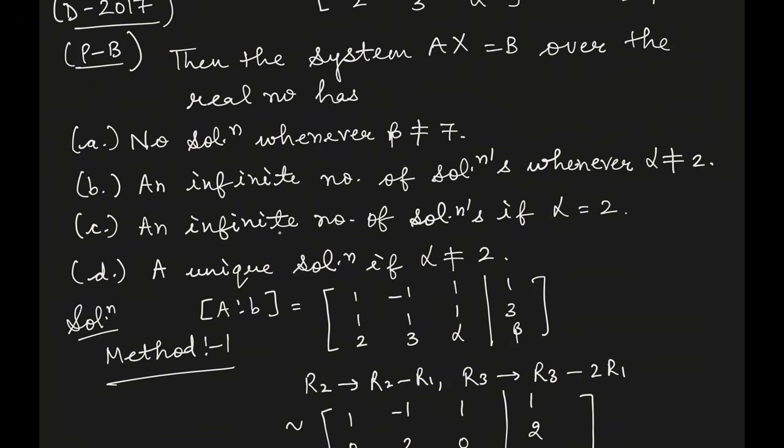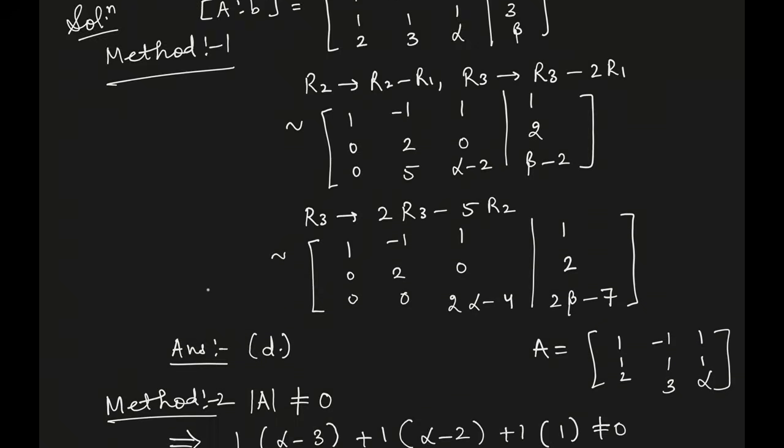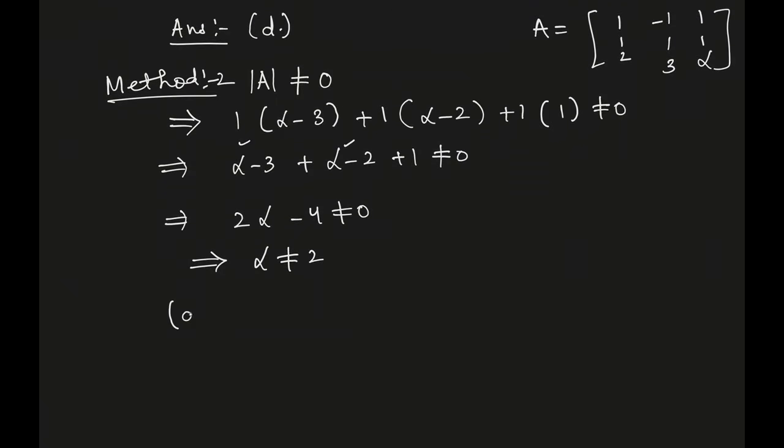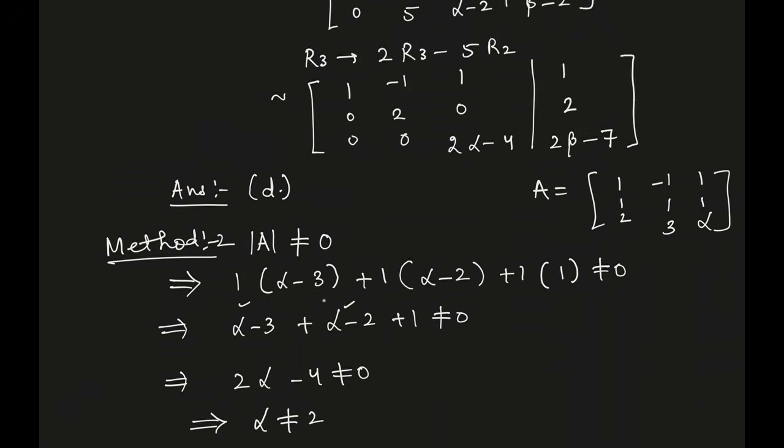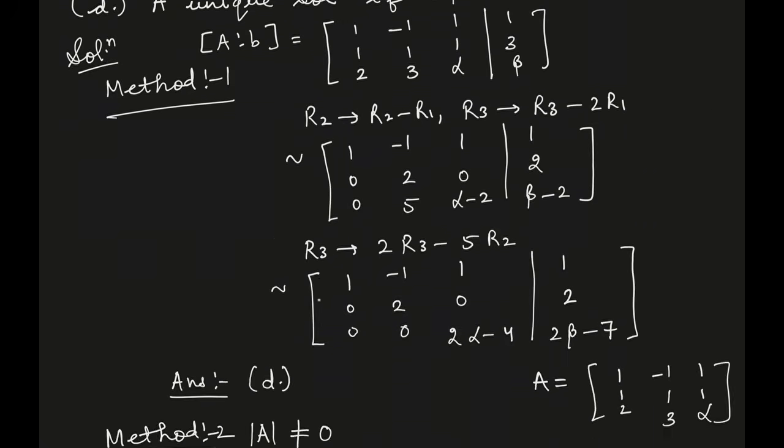Because it is a part B question. But if it is part C, then I need to check remaining options also now. So A part, it is saying beta not equal to 7, then it will have no solution.